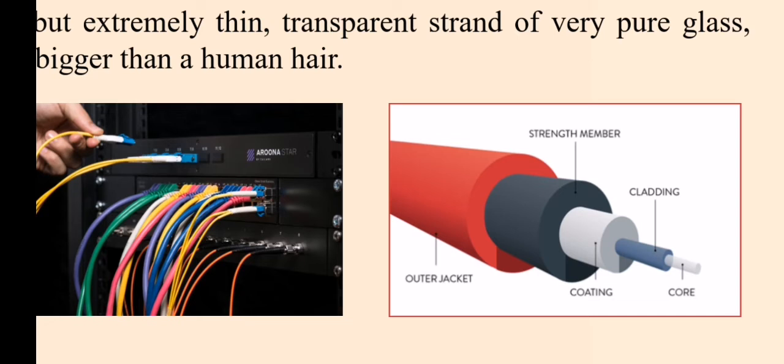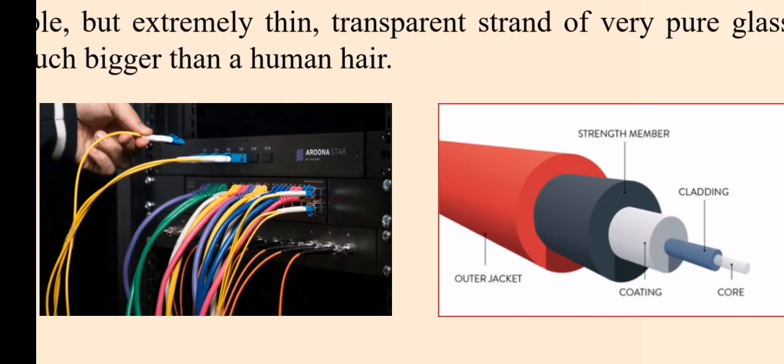Each of these strands is a little wider than an average hair, and will normally be surrounded by a further layer of cladding, also in glass or plastic, but constructed at a different density to the main inner strand. So that is what a fiber optic cable looks like.